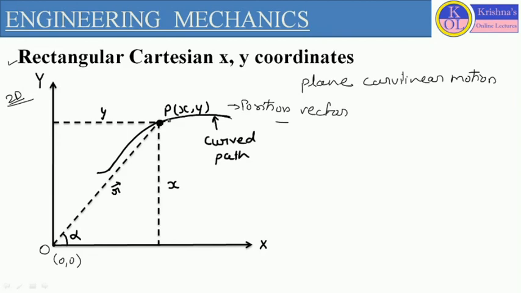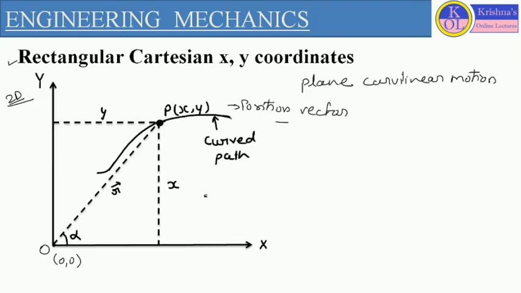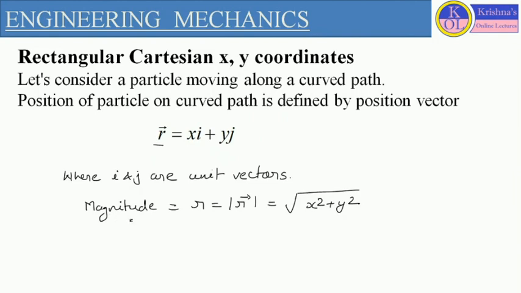Now if we want to define the magnitude or resultant of this position vector, it will be r, and it is defined as the square root of x squared plus y squared. This equation defines the actual position of the particle which is following a curved path.